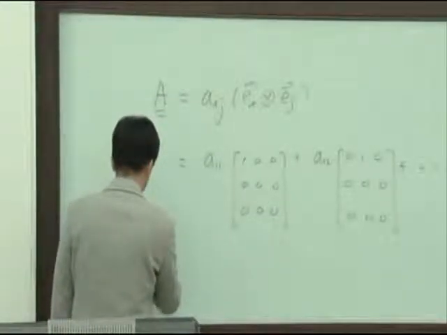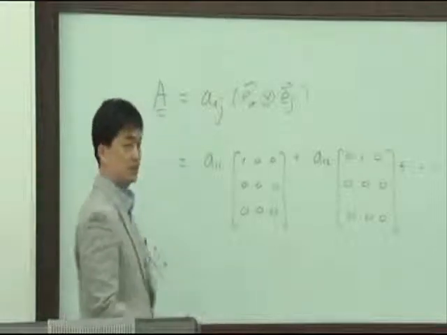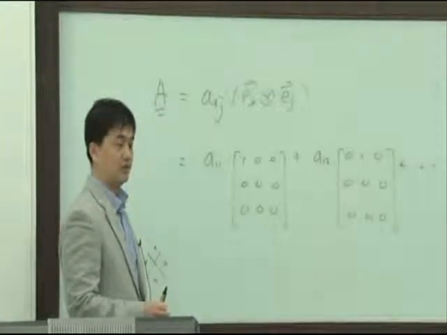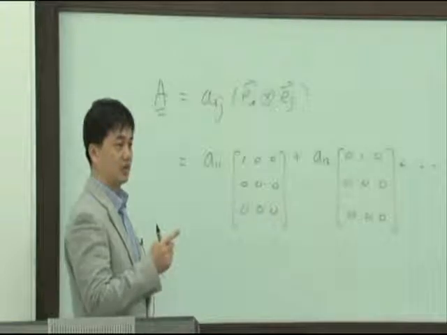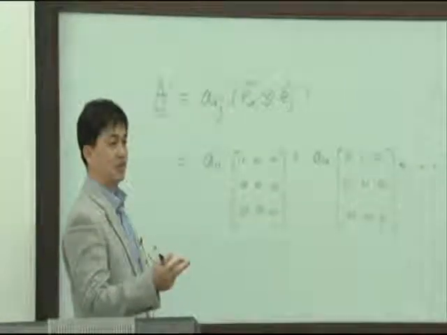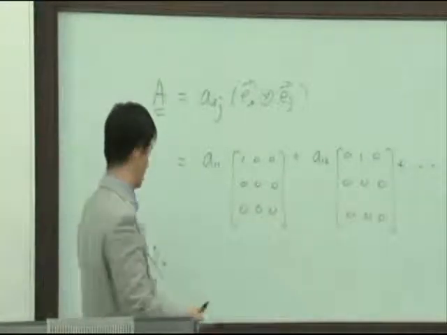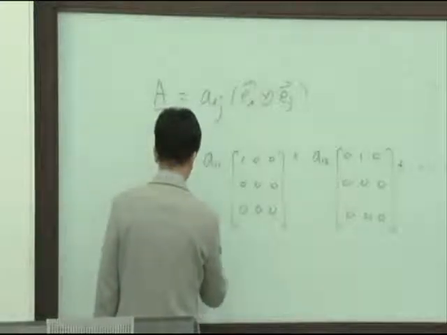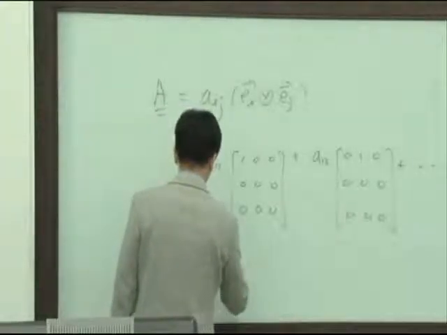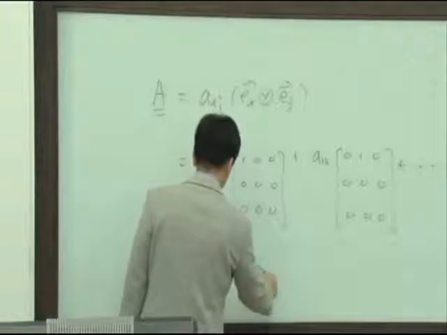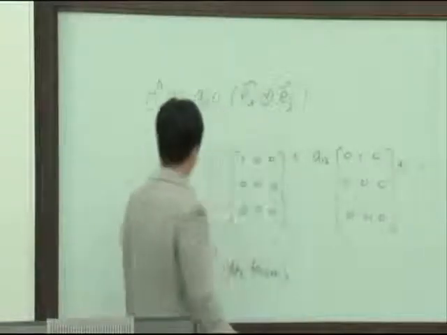Then, as I said, vector is a first order tensor, matrix second order tensor. Then we can define third order tensor. How about third order tensor? What's the third order tensor?